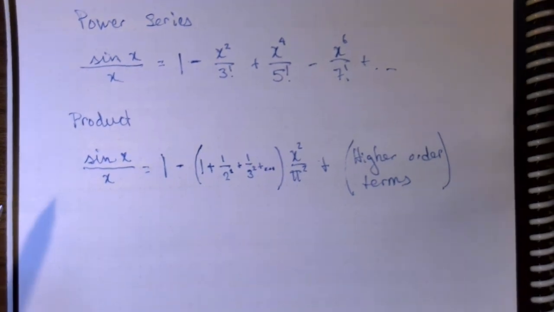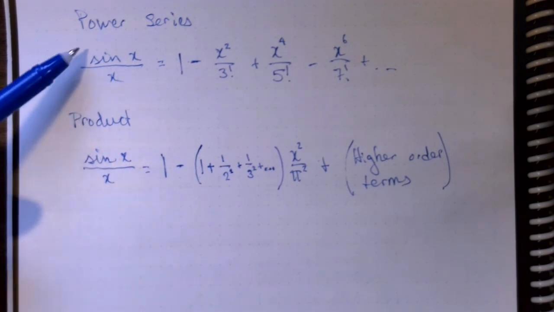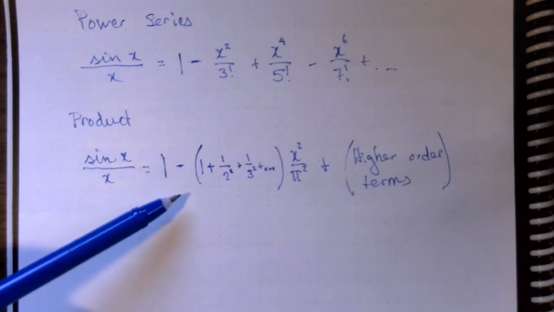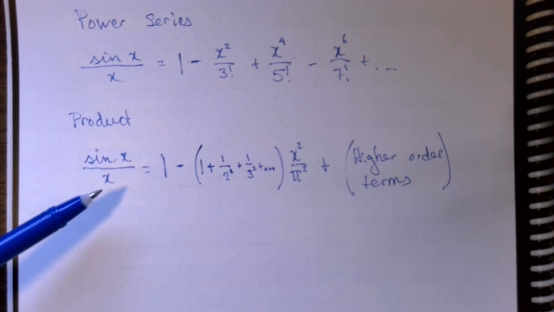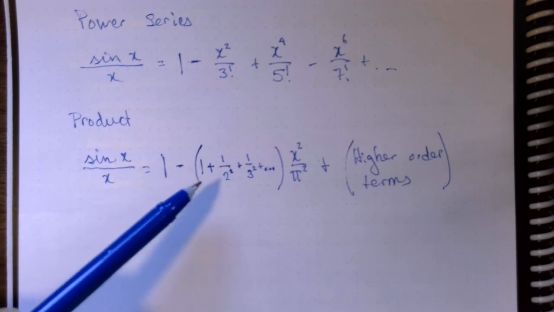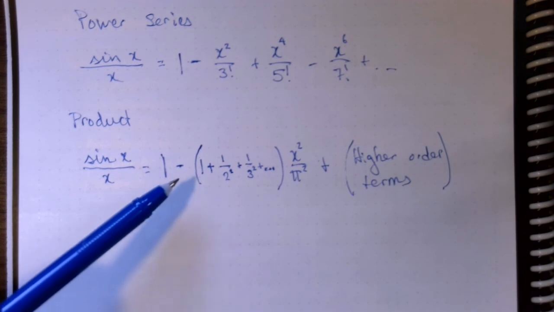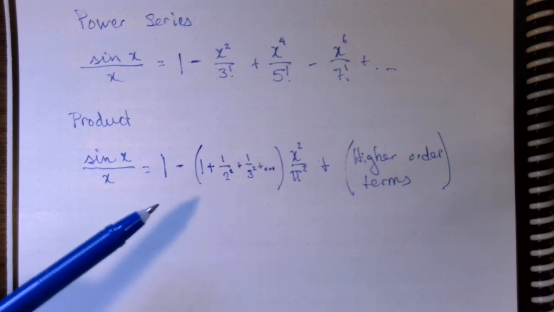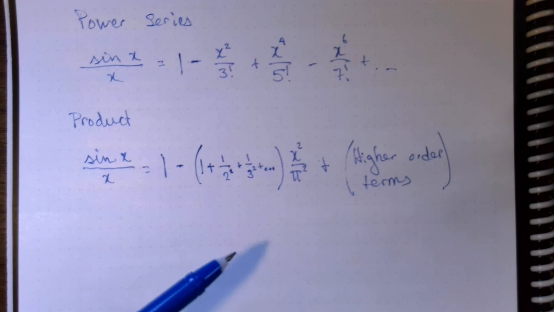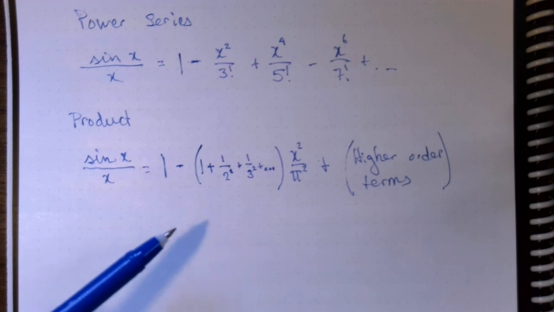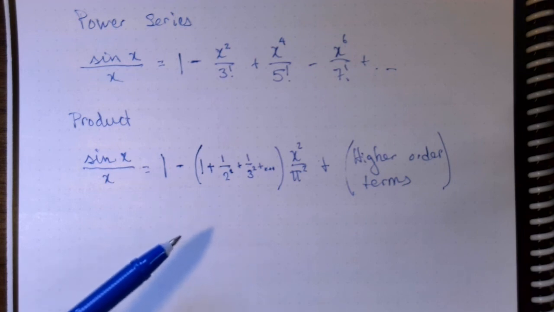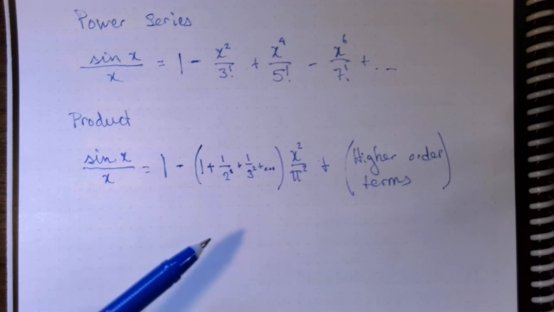Okay, now Euler's reasoning goes like this. If these two expressions on the right are both equal to sine x over x, they must be equal to each other. And that means the coefficients of the various powers of x must be equal. That's the only way for two polynomial functions to be identically equal, is the coefficients of the corresponding powers of x are equal.